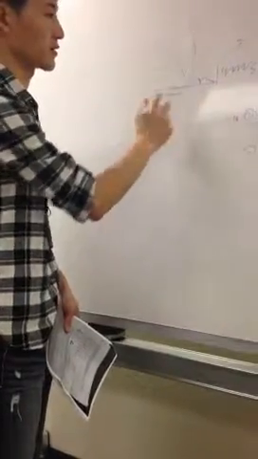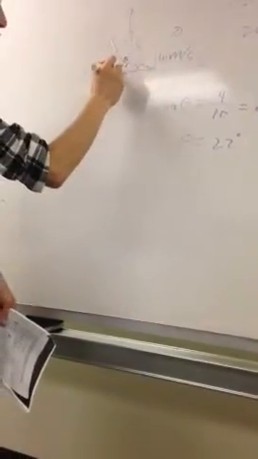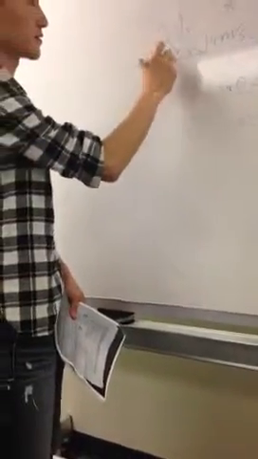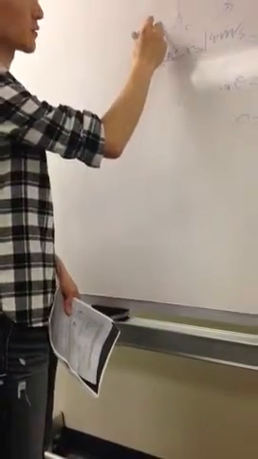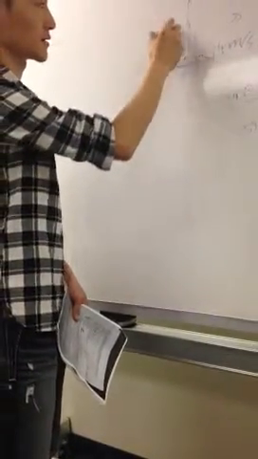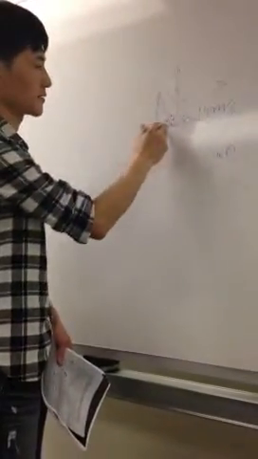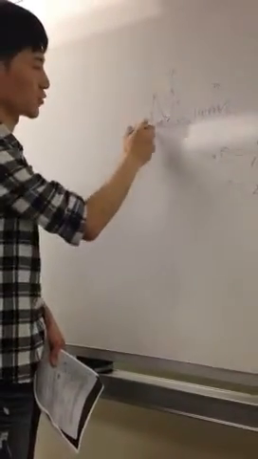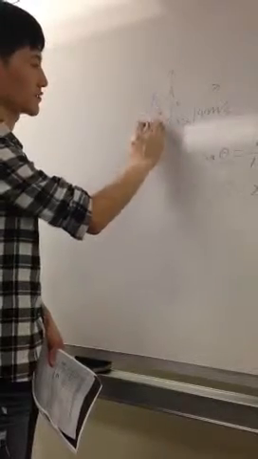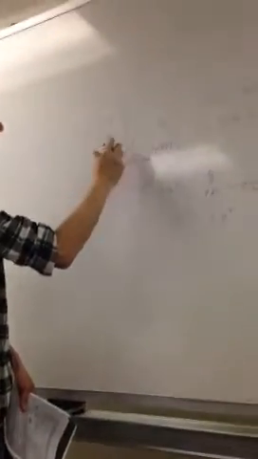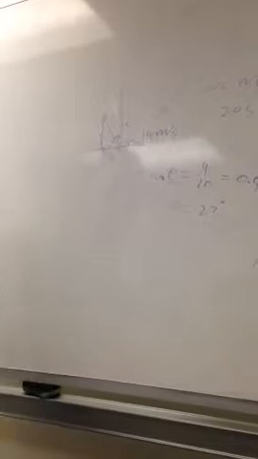You need to look at where the angle is. If it's asking for this one, that's y over x. If it's here, that's x over y. It depends on where the angle is.